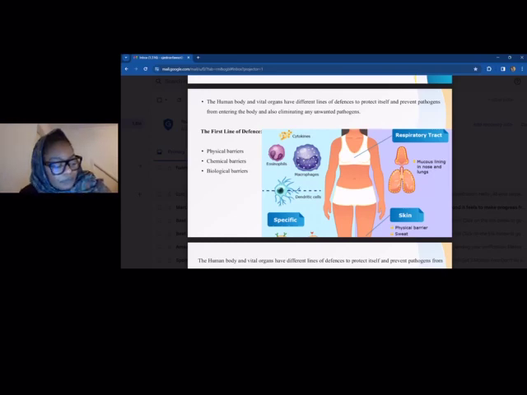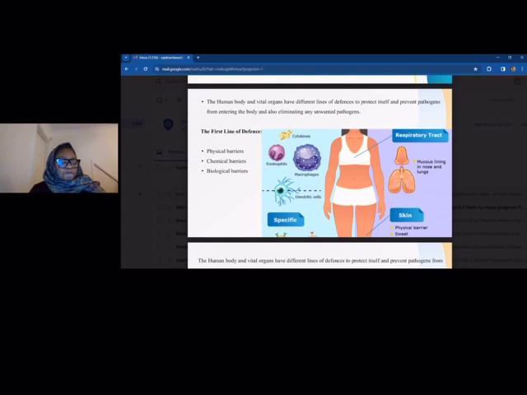The first line of defense is where we get the epidermis, which is the outer layer of the skin, while the dermis is the middle layer of the skin, and this contains blood vessels, nerve endings, and hair follicles.